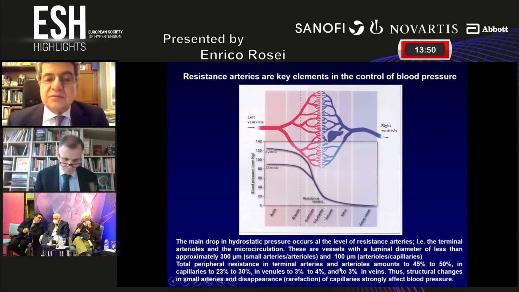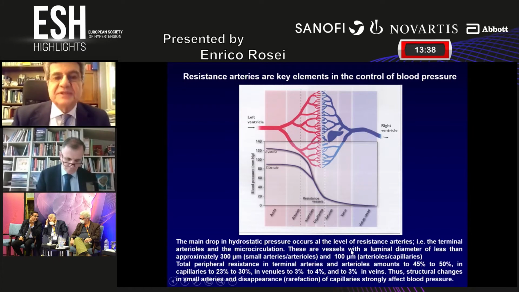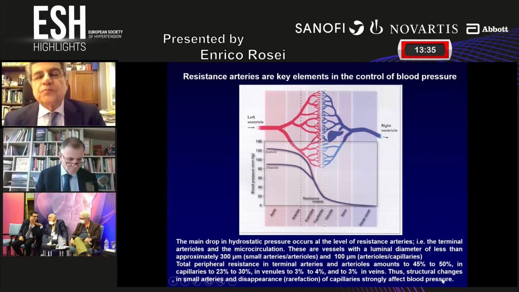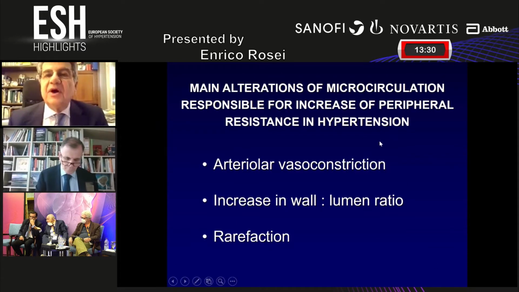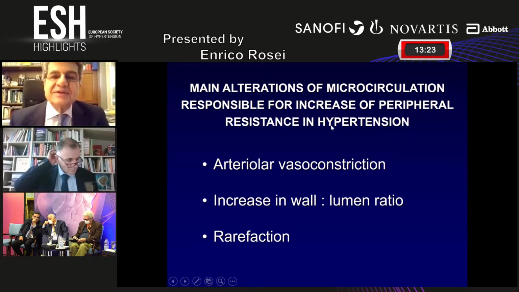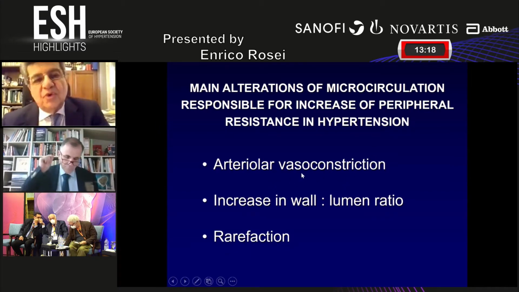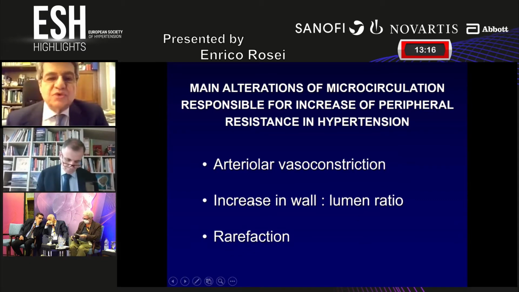As I said, this microcirculation starts from vessels with a luminal diameter approximately below 350, 300 micrometers. And considering the hemodynamic effect of the microcirculation, its responsibility for the increase of peripheral resistance is due to functional mechanisms, so vasoconstriction, but also to structural alteration.